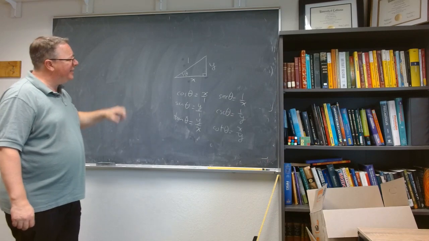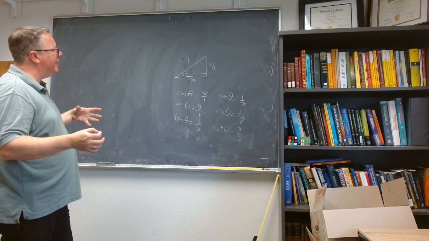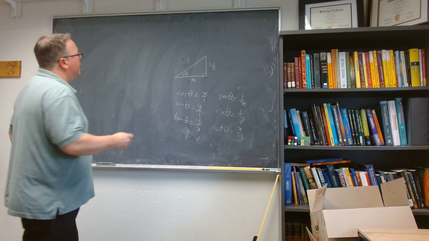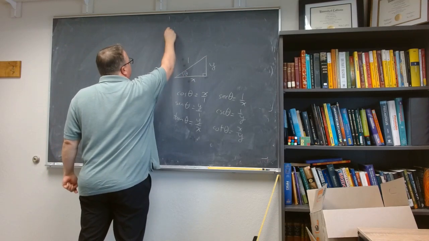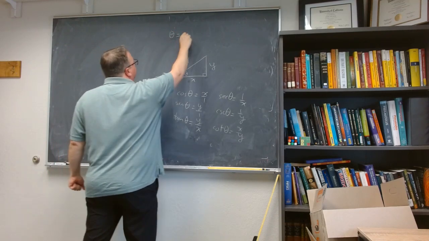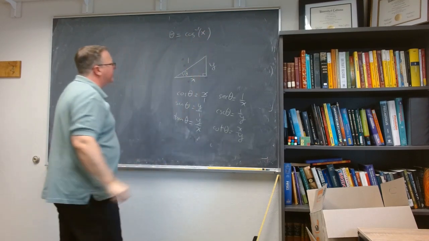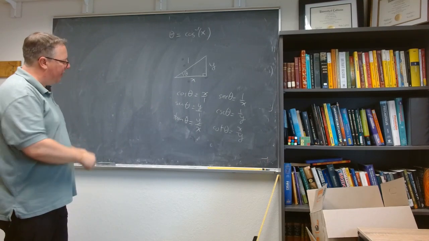The important piece here is we really want to start and get a better understanding of what the inverse trig functions mean. So if I say theta itself is the cosine inverse of x, I'm not drawing this picture. I'm drawing a different picture.